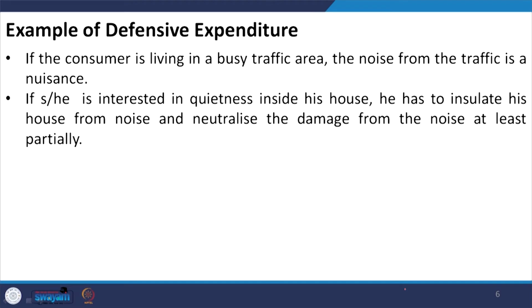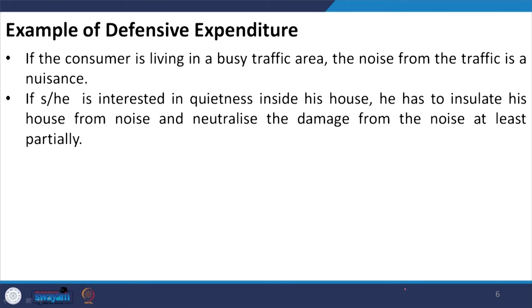Because outside there is traffic, this traffic noise will be entering the house. So, in order to have this quietness, the household can insulate his house from the noise and neutralize the damage from the noise, at least partially, right.